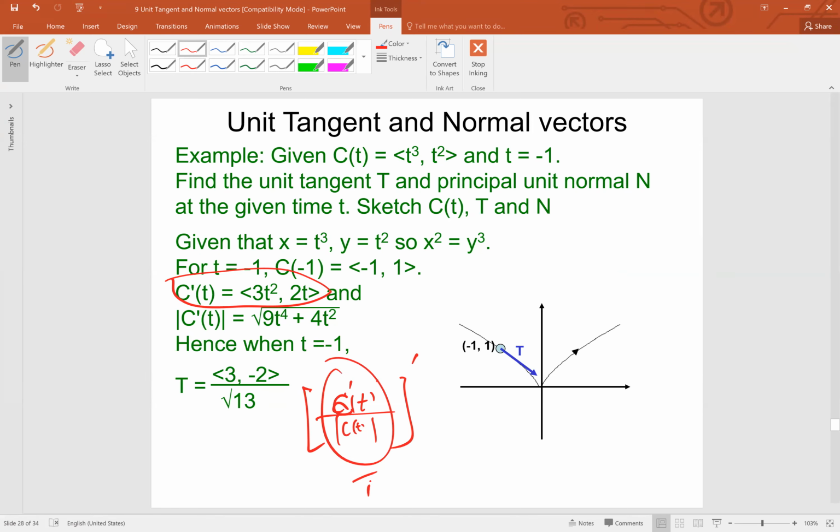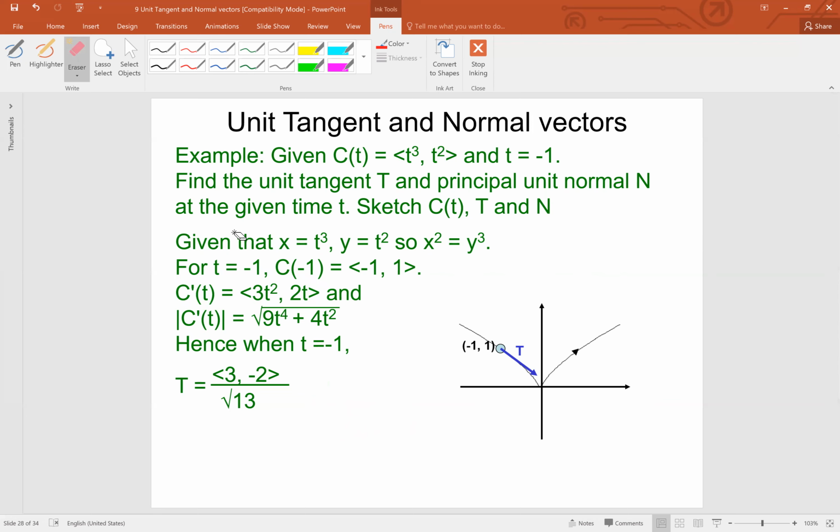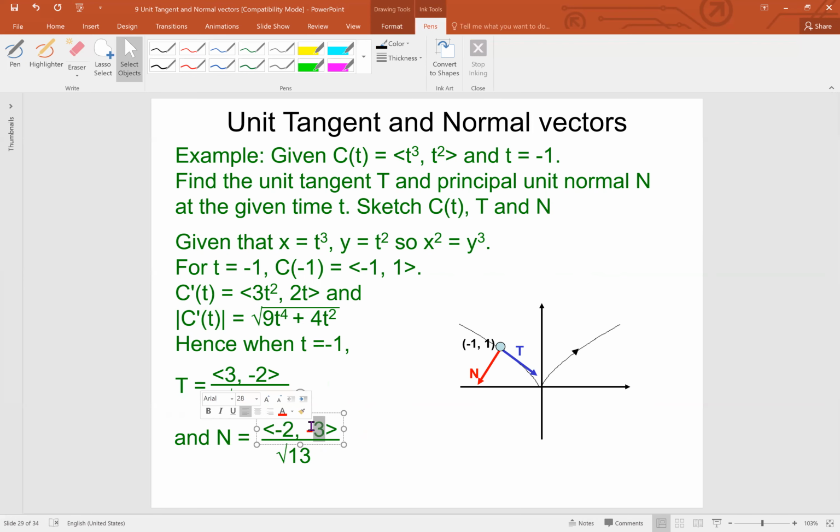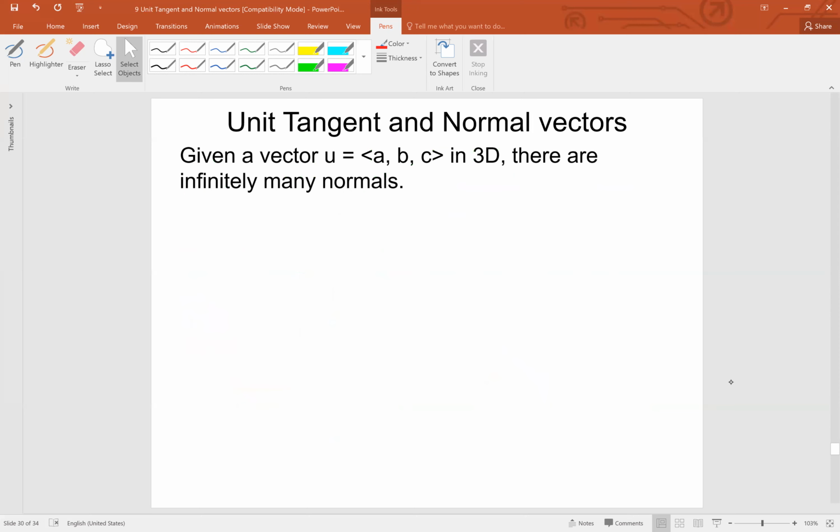It's kind of complicated, but from the picture I know exactly what the unit normal has to be: it points where the curve is turning, and its length is 1. I just switch the coordinates of the tangent and divide by the length. That will be the unit normal, bypassing all those calculations, like taking the second derivative.